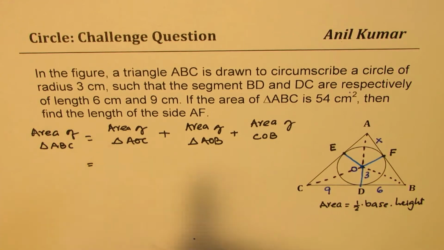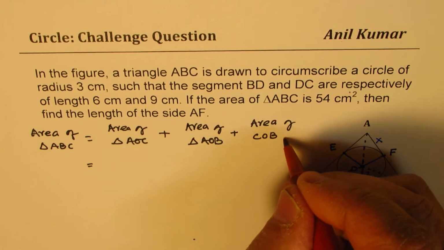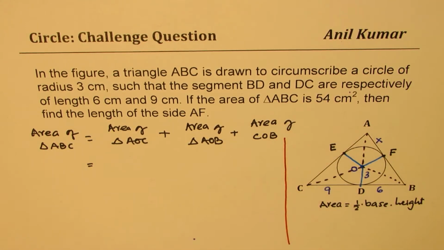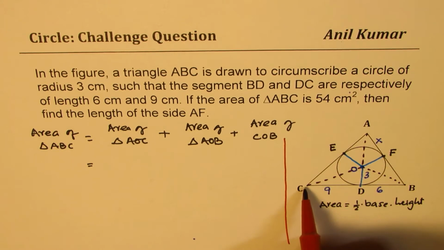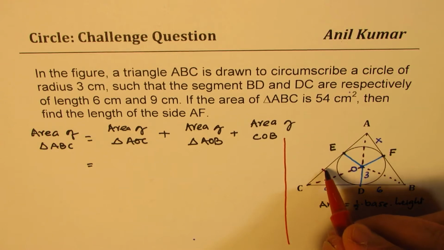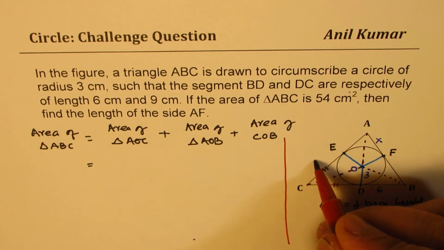Now for AOC, what is the base? To figure that out, we need to understand a few properties. You can think that these two are tangents from external point C, and since they are tangents, these two sides should be equal. So CE should be equal to 9.